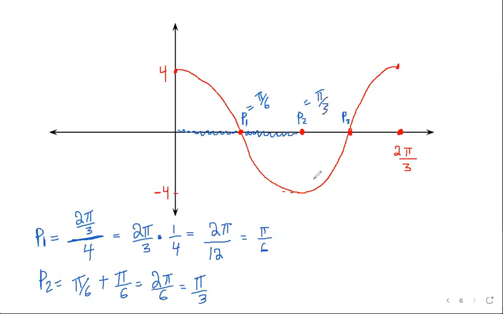For the third point, the same idea: pi over 6 plus pi over 6 plus pi over 6, which is 3 pi over 6, or pi over 2. This point is pi over 2.